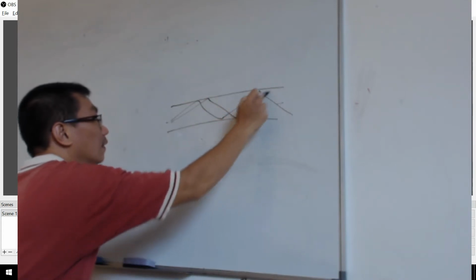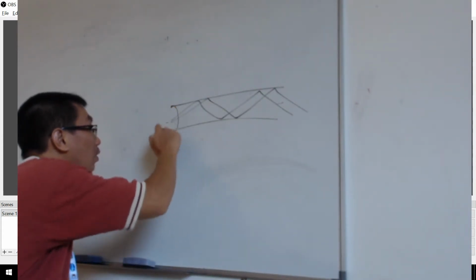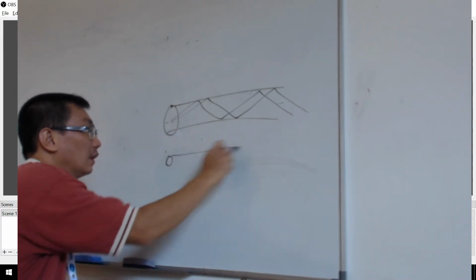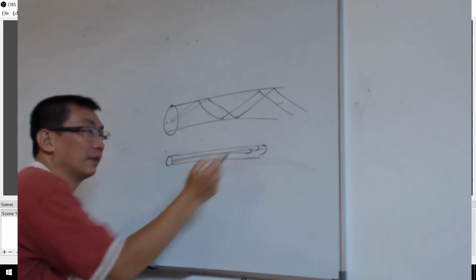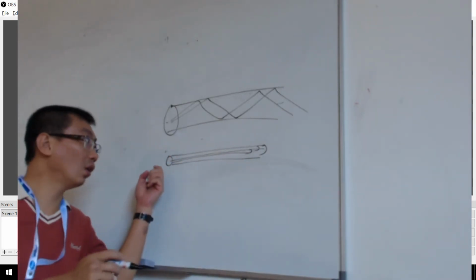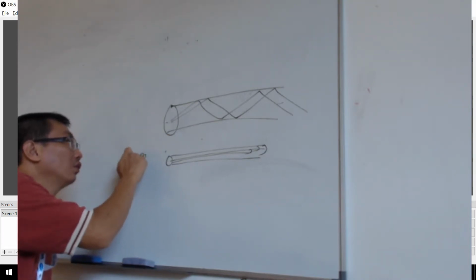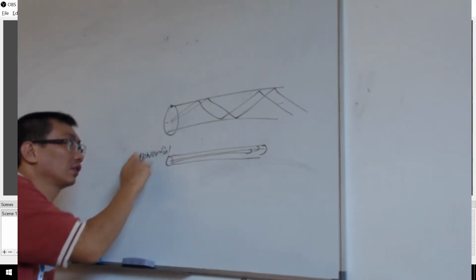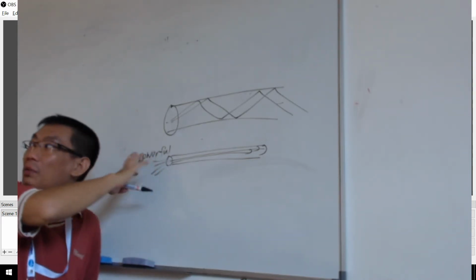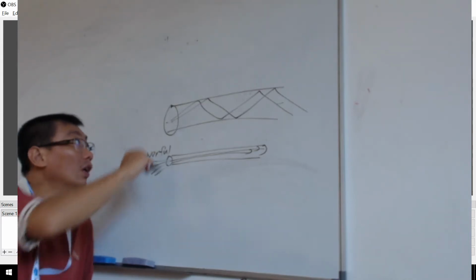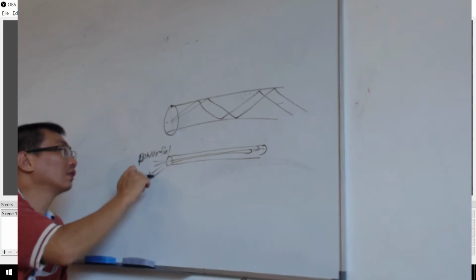Whereas in the single mode, the hole is smaller, so most of the light will go in a straight line. Because the hole is smaller, your light source has to be very powerful. You have to pump in a lot of light here, and a lot of it will be lost because the hole is very small. This one you can have a less powerful light source.